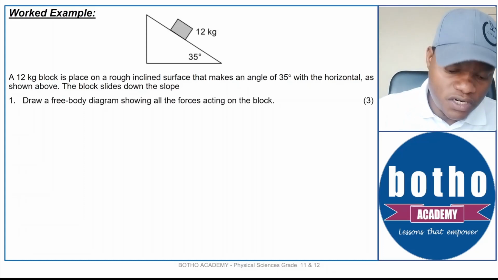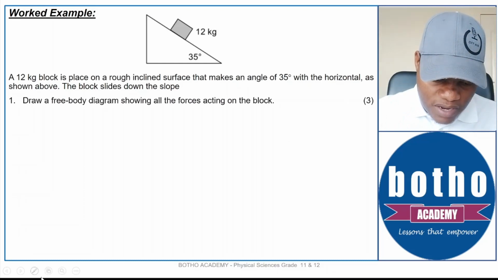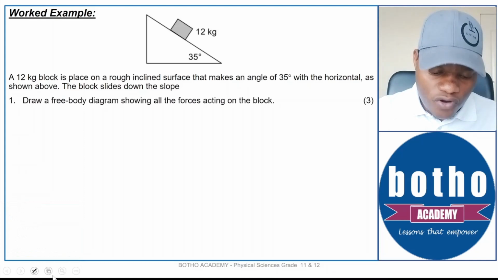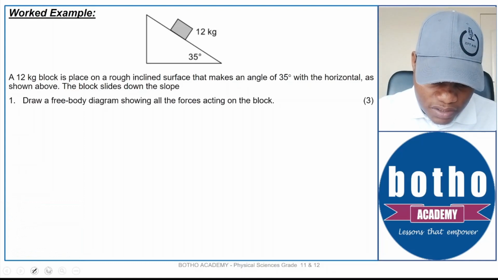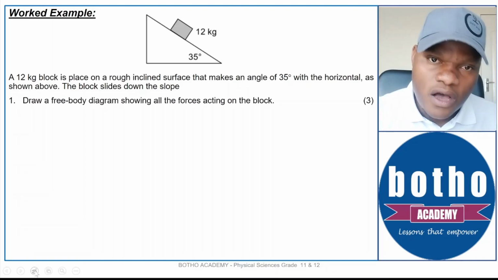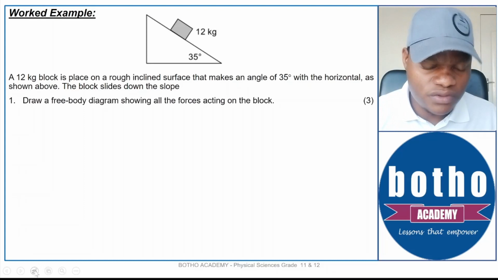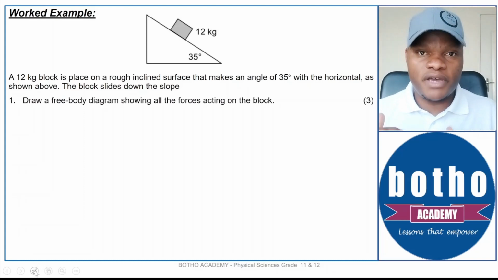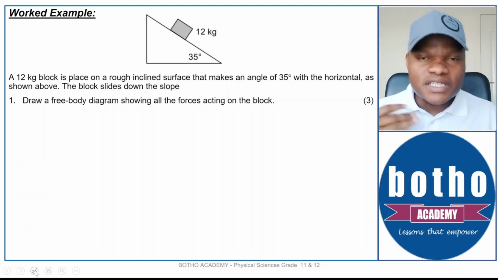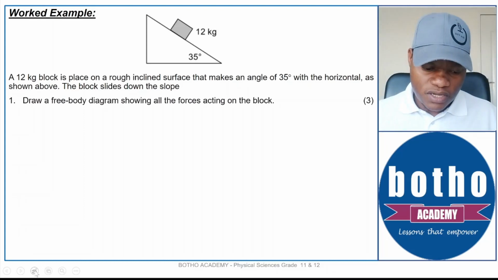We move straight into it. The one thing that I actually advise you to do before you draw a free body diagram of an object that is on an incline, let me just change the color quickly. You're not compelled to do this. I did mention this even before, but I would really strongly advise that you do this.